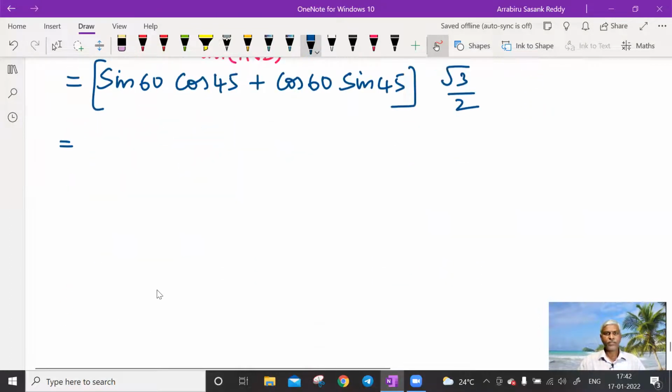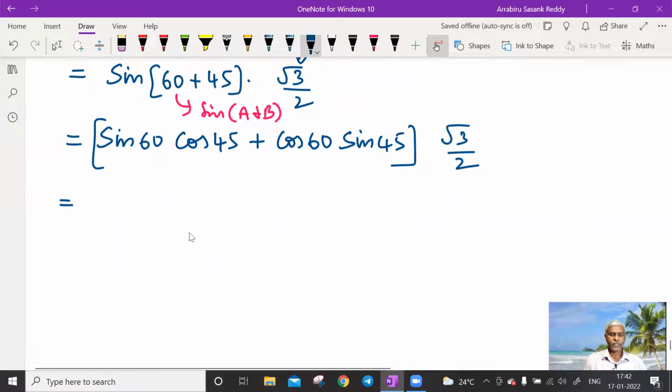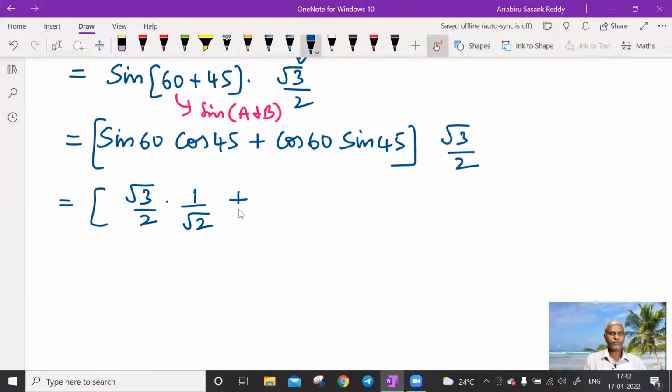Now substituting the values: sin 60 is √3 by 2, cos 45 is 1 by √2, cos 60 is 1 by 2, sin 45 is 1 by √2, into √3 by 2.